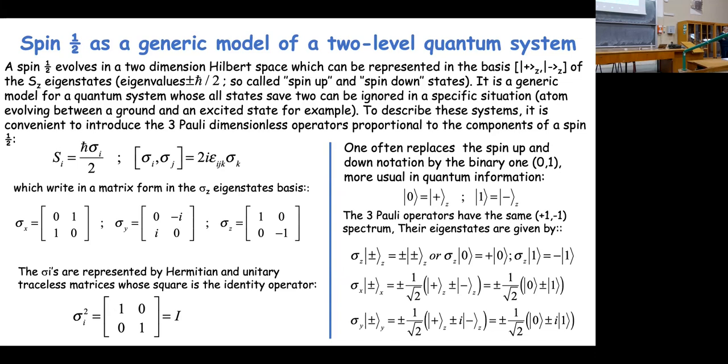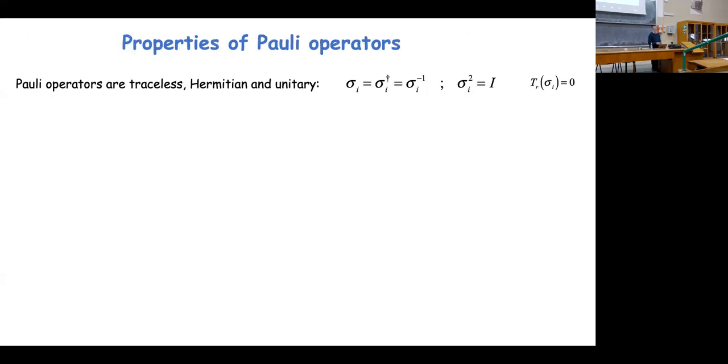So you have no information about the spin in a direction transverse to the one in which you have made the first measurement. And this is, again, an expression of an uncertainty relation, not on x and p, but on sigma x, sigma y, or sigma x, sigma z.